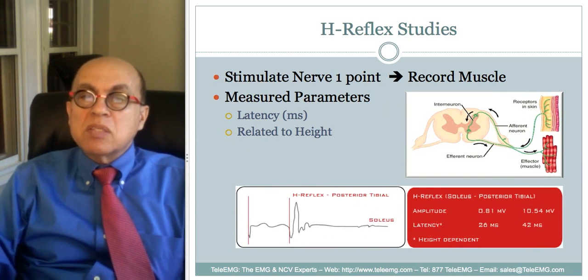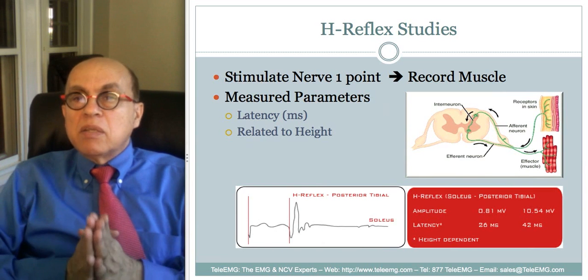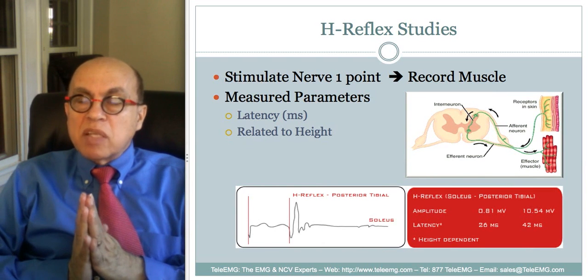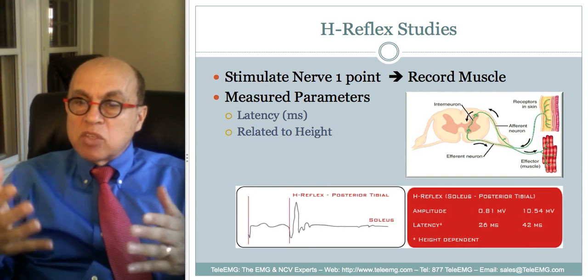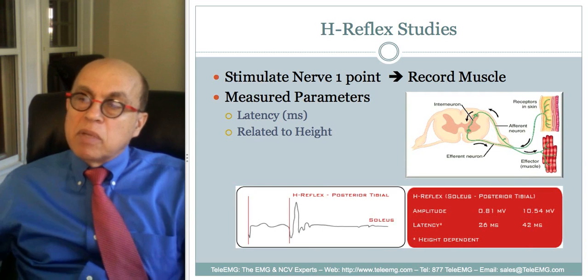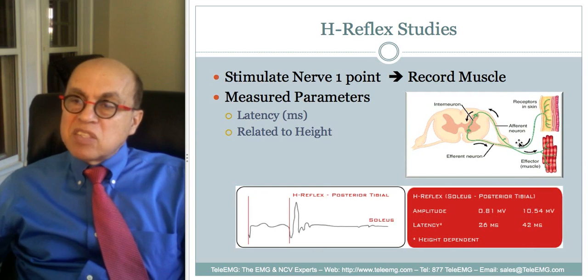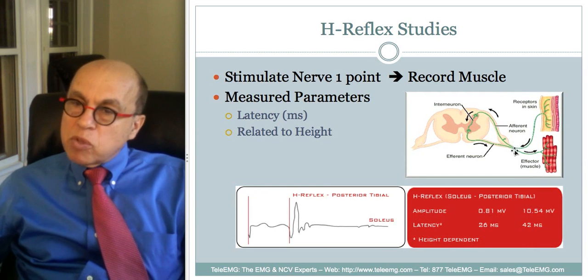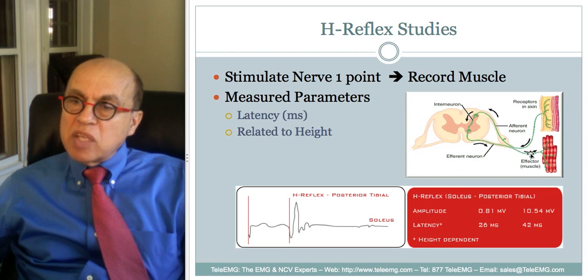And in this case, finally, we measure the H-Reflex, and we measure that from stimulating the sensory nerve here as opposed to the motor nerve. The sensory nerve goes up all the way to the spinal cord, connects with the motor nerve here, and generates a reflex.